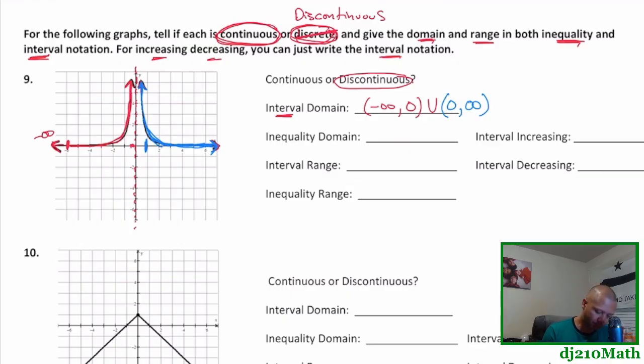Okay. I want to write this as an inequality. And it's still domain, but now it's inequality. So again, I just replace negative infinity with x, because it could be any number. In fact, it could be any number less than 0.